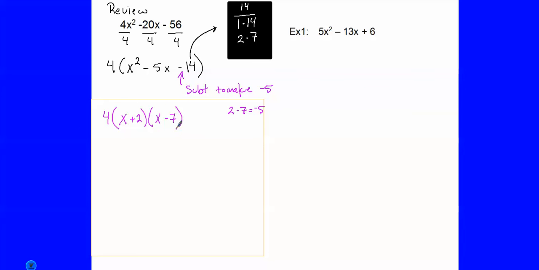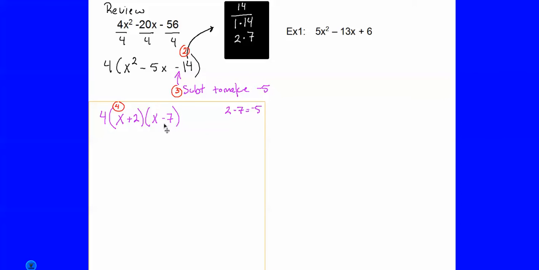And this was complete. So essentially we had step 2 happening here, step 3 happening in this area, and then step 4 happening where I wrote my binomials.